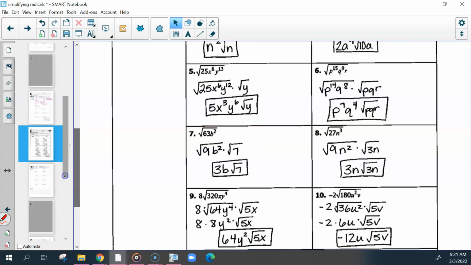Alright, so starting with number 6. Final answer should be p to the 7th, q to the 4th, times the square root of PQR. Here is only once.